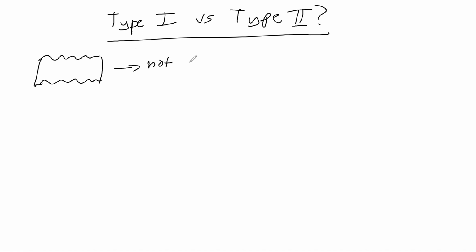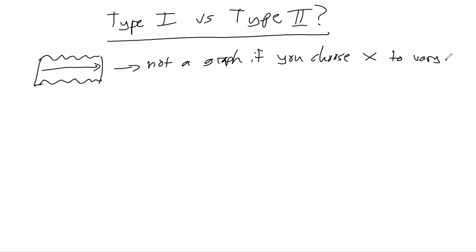So it's not a graph if you choose x to vary. Right, because you have crossings here.